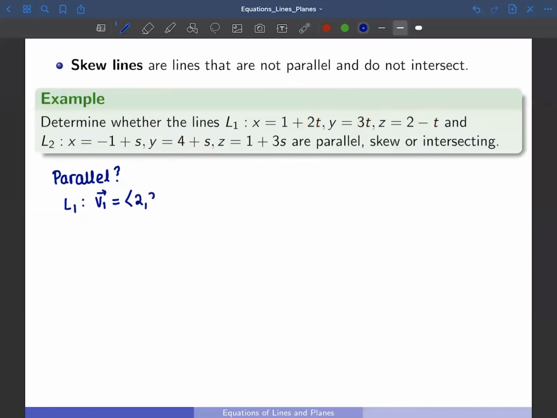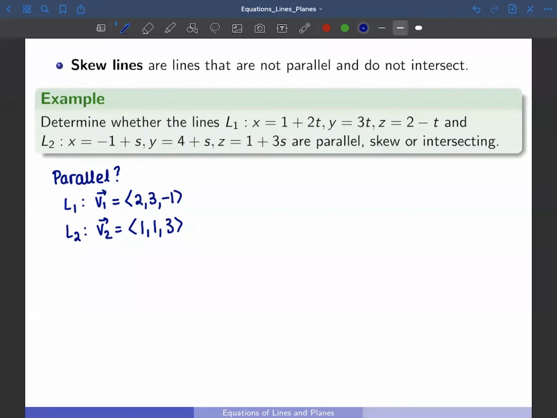Essentially, these 2, 3, and negative 1 are the components A, B, and C of the line L1. And for the line L2, the vector V2, which is parallel to the line L2, has components 1, 1, and 3.